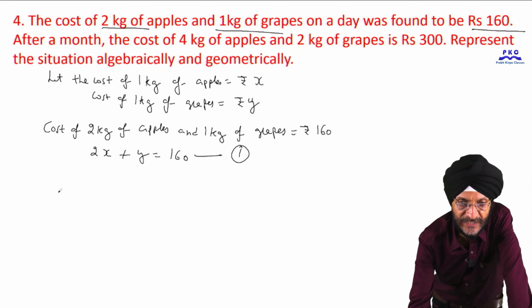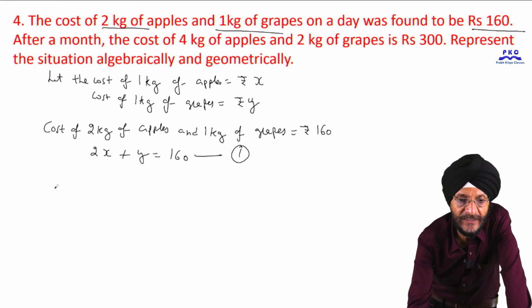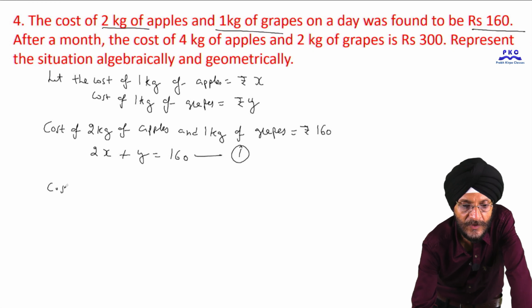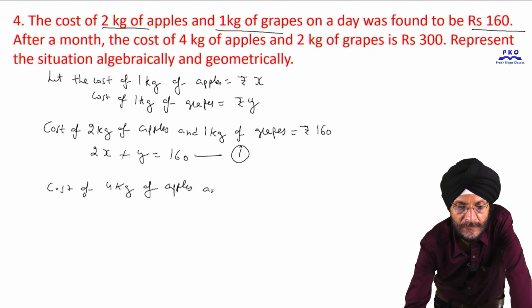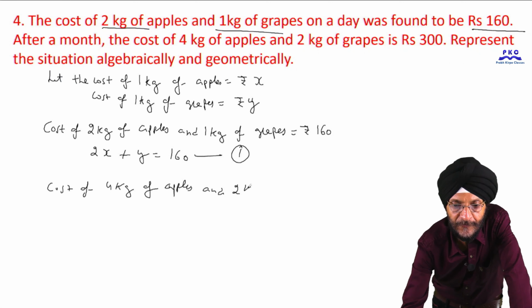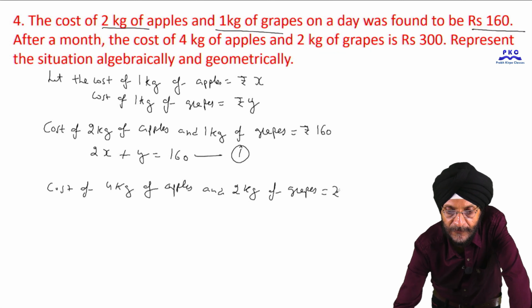Now what is the second? In the second, it is written as the cost of 4 kg of apples and 2 kg of grapes is equal to rupees 300.